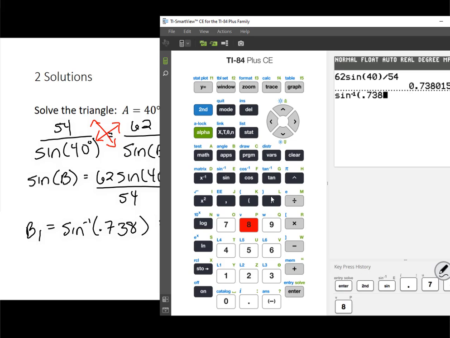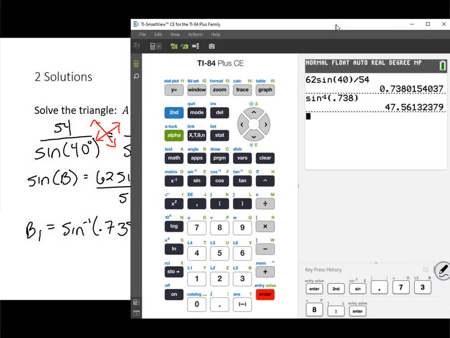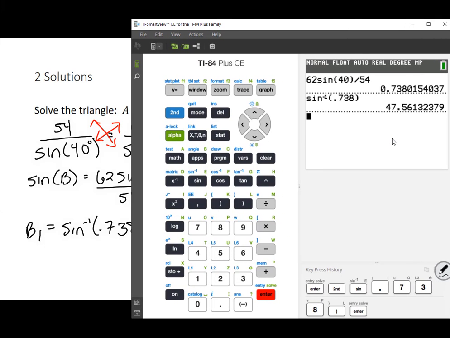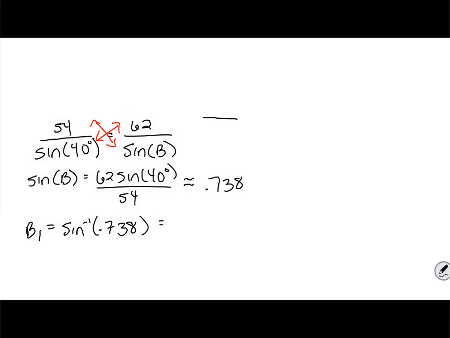I know you can't see the whole calculator here; I'm trying to squeeze it all into my screen. So my angle B for quadrant 1 is going to be 47.56 degrees.